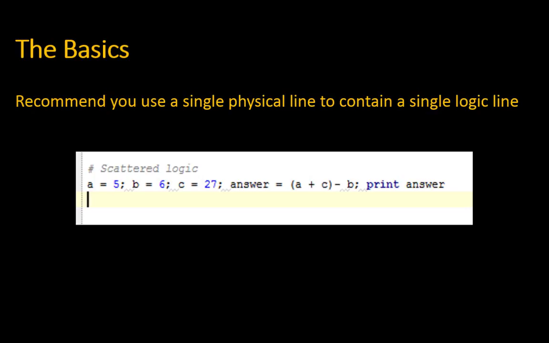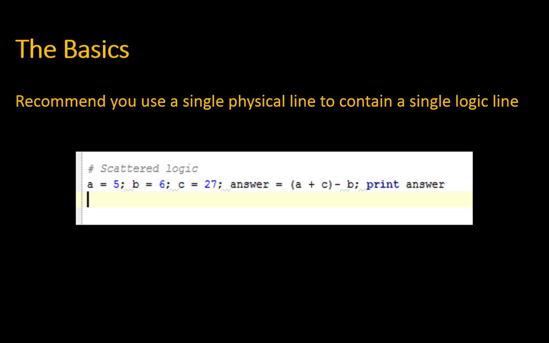Let's switch gears and talk a little bit about code structure. The general practice is to use a single physical line to represent a single logic object, or an object line. While the code on the screen may be easier to write on one physical line, it can create problems when you are troubleshooting coding errors.